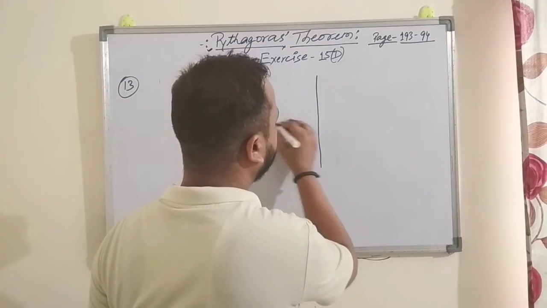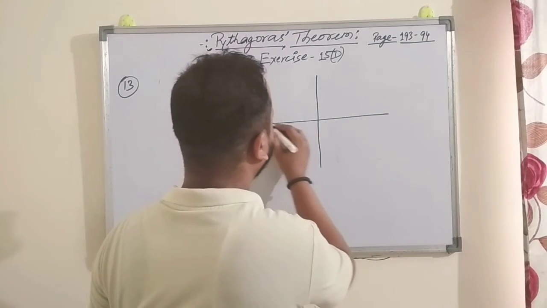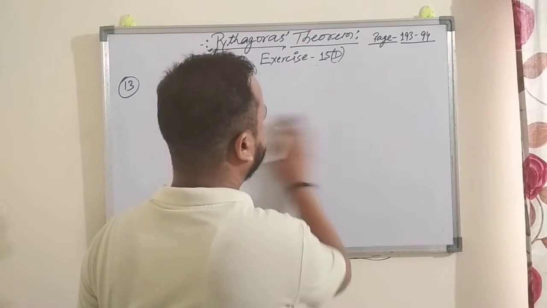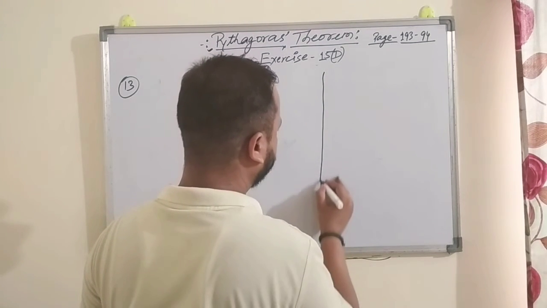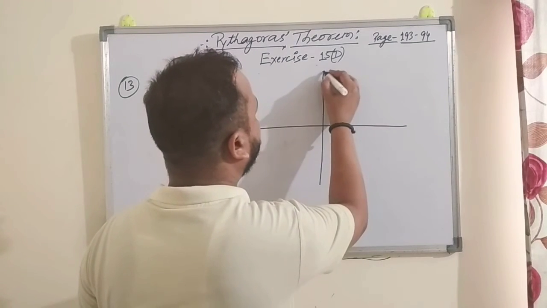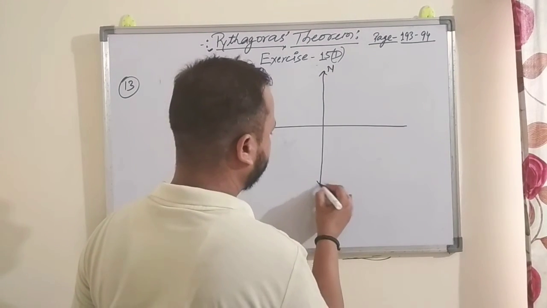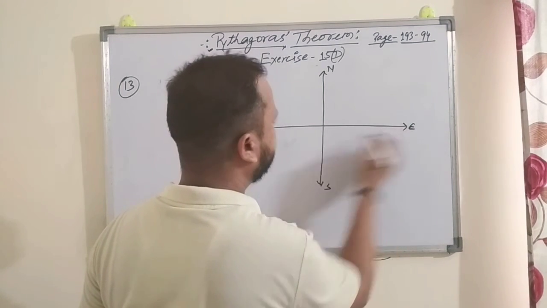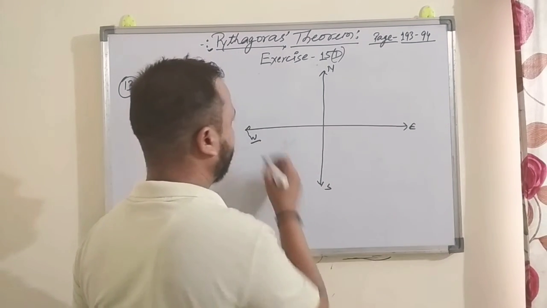Suppose this is north, this is south, and the right hand of north is east and the left hand is west, right?